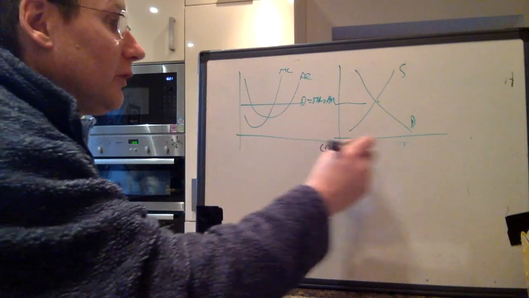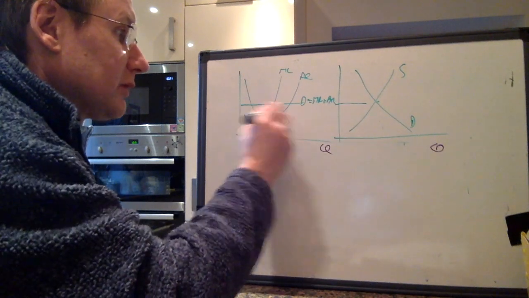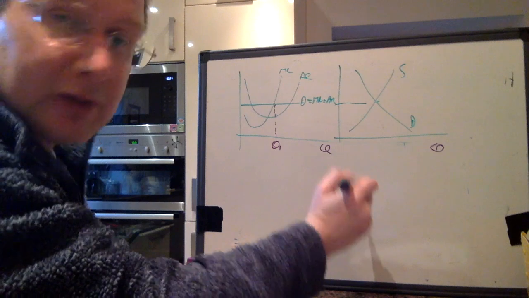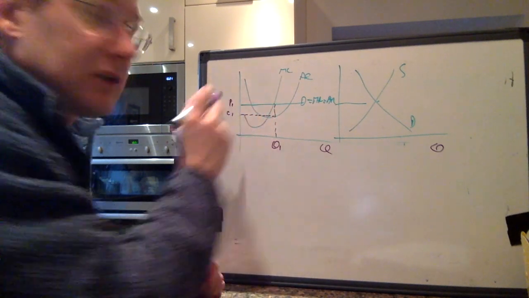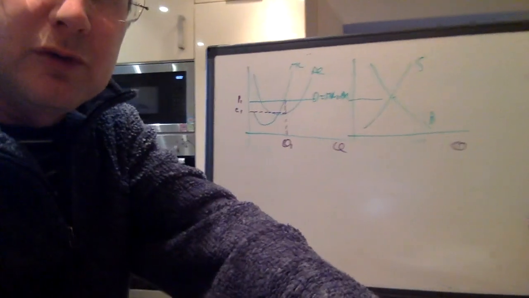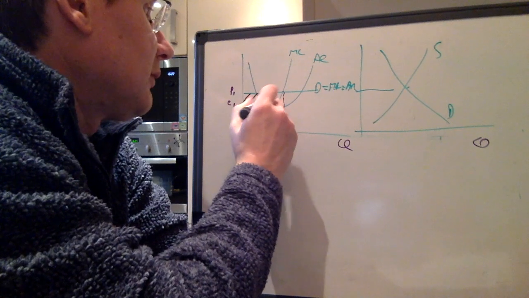So the first thing you've got to do is to say, right, the firm produces at Q1 because that's where MC equals MR. The price is P1 and the cost is C1. So therefore, your abnormal profit is that level.